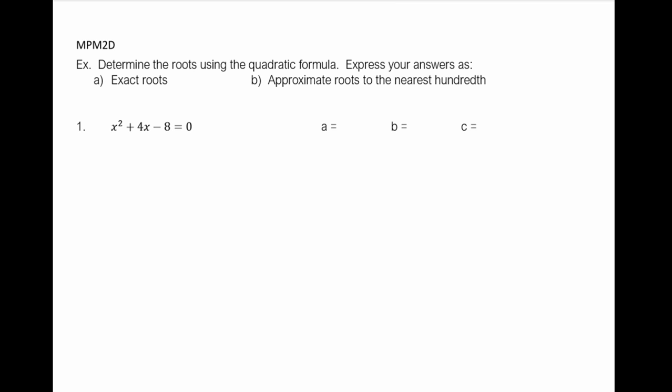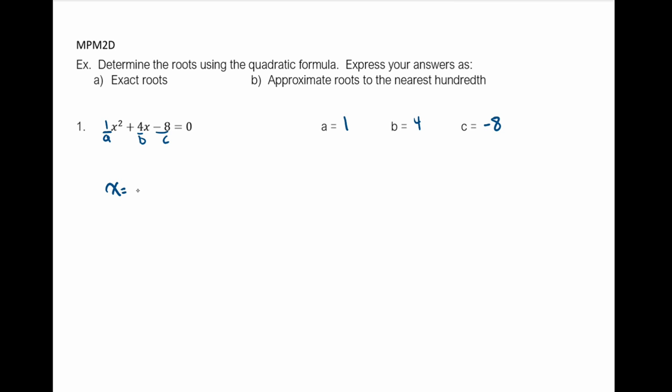In this case, a is the first number. I don't see anything, so it's that invisible 1. B is 4, and C is -8. Again, make sure you take the sign in front of the term.